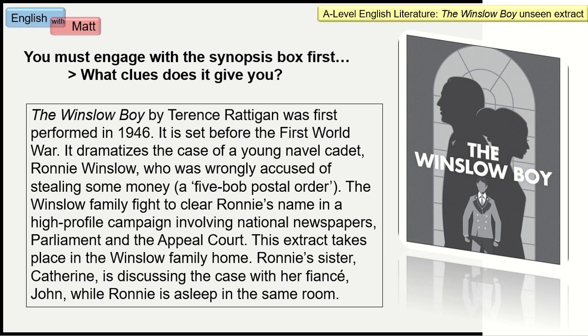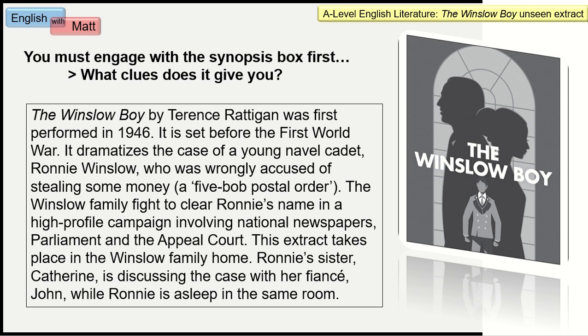So in order to help you, they've written a little bit of a summary for you in order to help you go forward and to potentially be on the right lines when you're writing your response. So what I always get my students to do, even before they've read the extract, is to just look at the synopsis box, as you can see here on the screen, and take a highlighter or a pen and circle what they regard to be significant to help them with interpreting the extract.